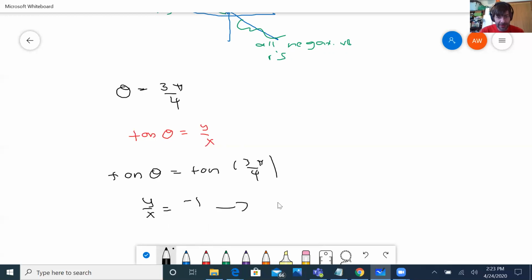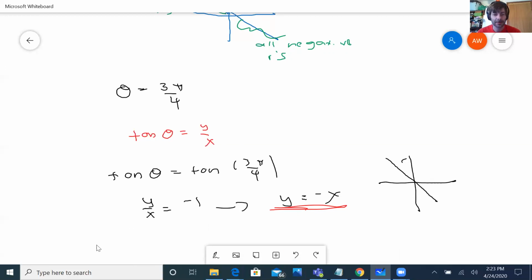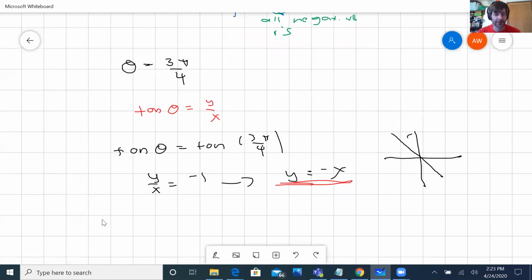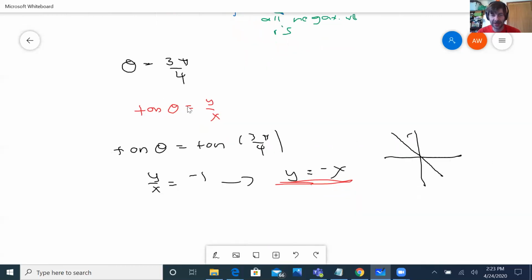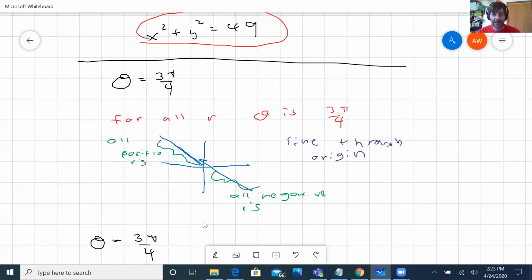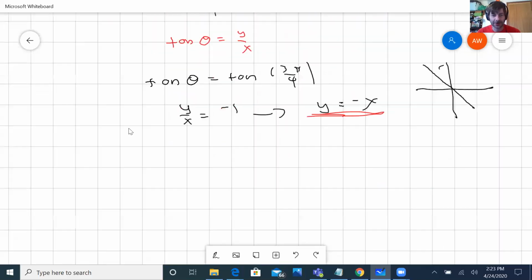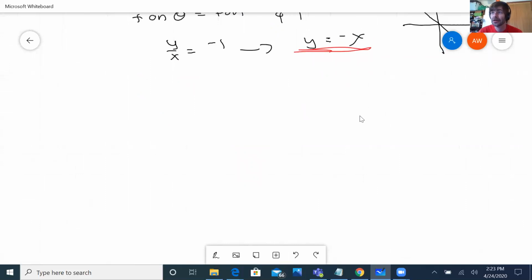So I can just solve that for y. y equals -x. And yeah, like we thought, a line through the origin. Intercept 0, slope -1. So again, with the thetas, you're using tangent theta as y over x. And otherwise, I'm using that x is r cos theta and y is r sine theta.